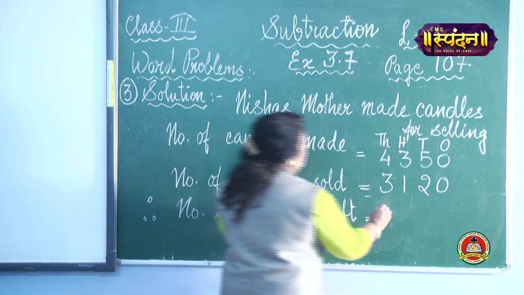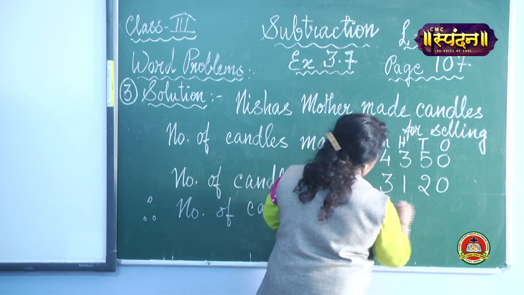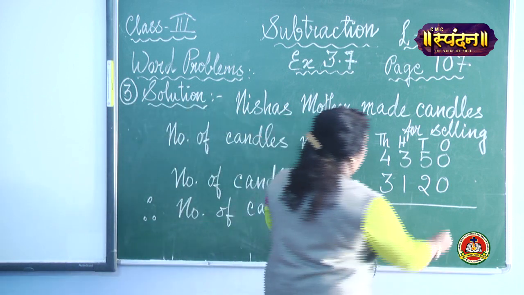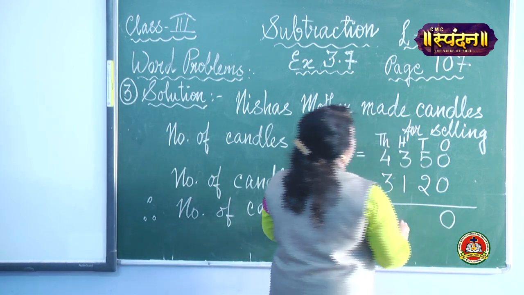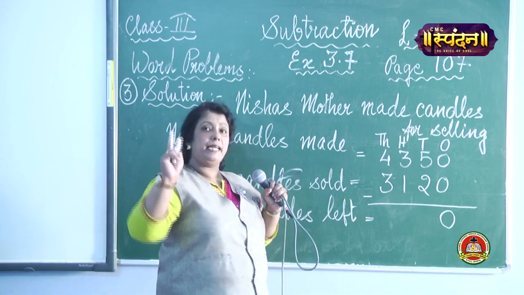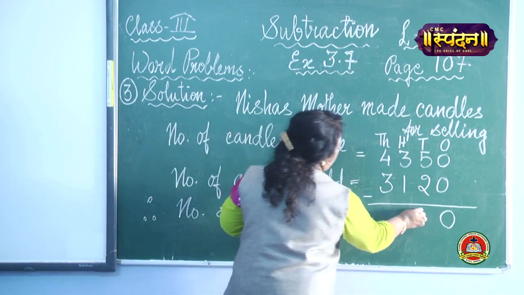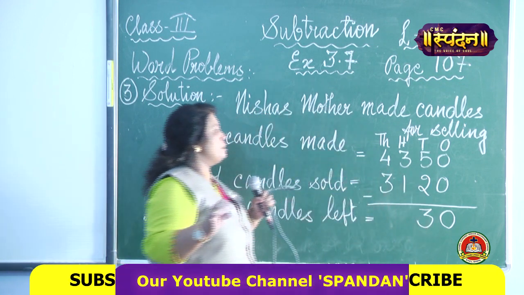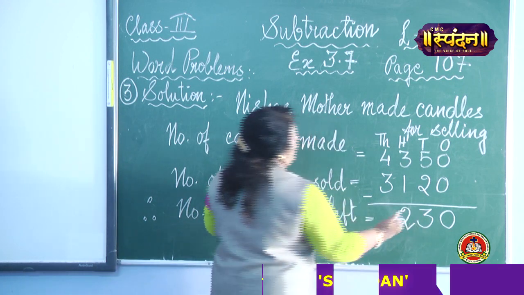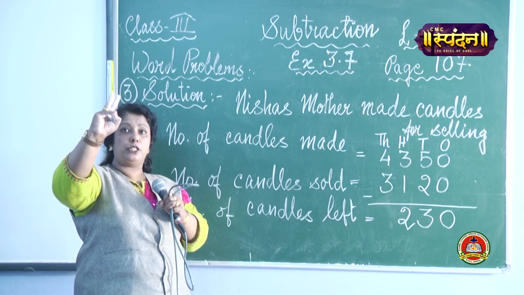Just we'll do subtraction. Minus likho. Yes. 0 minus 0 will be 0. Tens place में 5 minus 2. 5 on my mind, 2 on my finger. 5 से कम 4, 3. Then hundreds place में 3 minus 1. It will be 2. And 4 minus 3, 4 on my mind, 3 on my finger, 4 से कम 3, 2, 1.